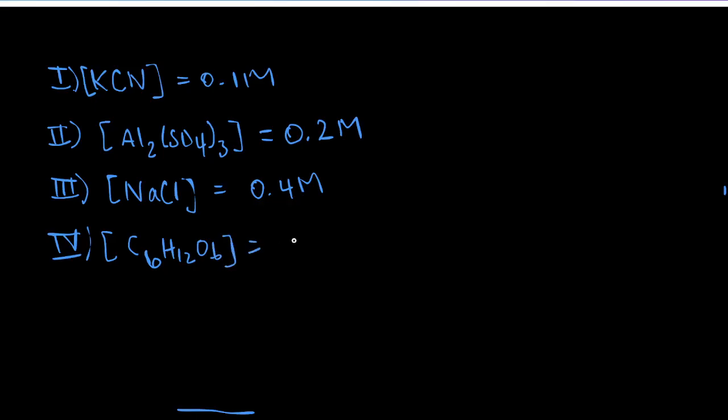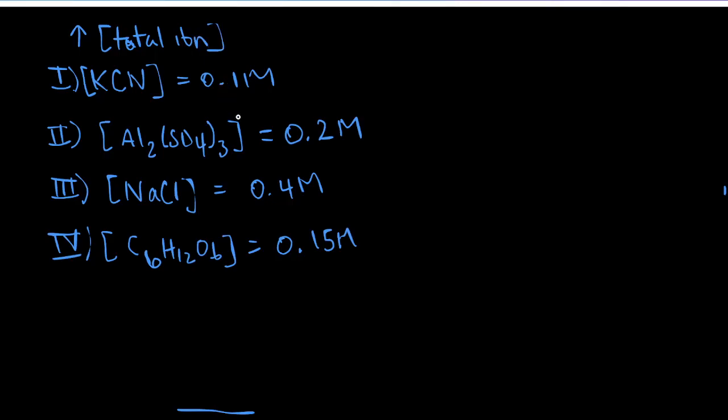And this is going to have a 0.15 molar concentration. So now we have these four different solutions with differing concentrations, and so what we have to find in this problem is which one of these 4 solutions has the highest total ion concentration.